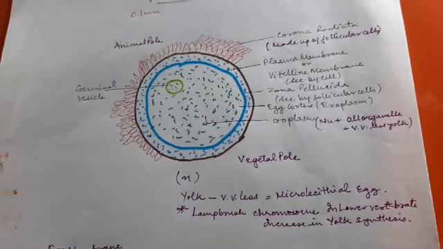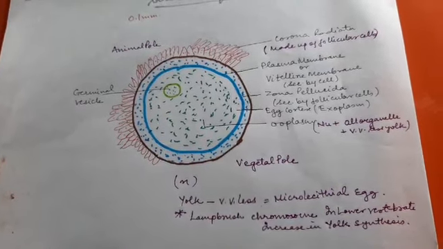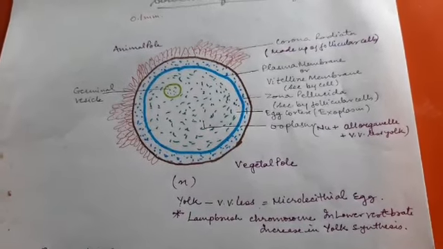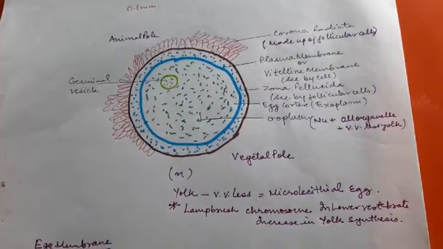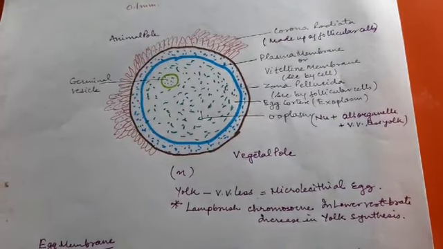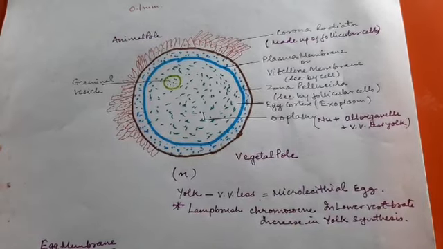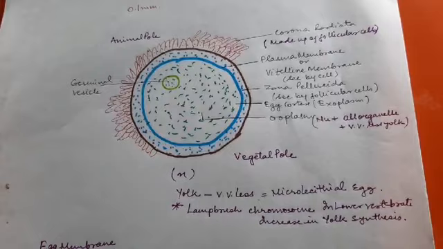The side where the nucleus is, we call the animal pole, and the entry of the sperm into the egg always takes place through this animal pole, and the opposite side would be termed the vegetal pole. So, the egg has polarity: one side is the animal pole and the other side is the vegetal pole.